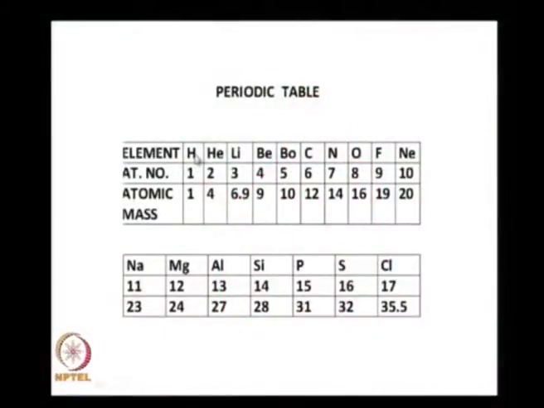Let us take a particular case, maybe hydrogen has a low atomic mass, and therefore even if I take a hydrogen molecule H2 whose molecular mass is 2, it is lower than anything else, therefore, it is a very viable propellant from the molecular mass point of view. I next go to helium. Helium is inert. It can be used as a cold gas, cannot be used as a chemical propellant.